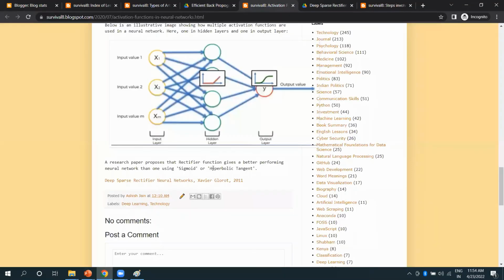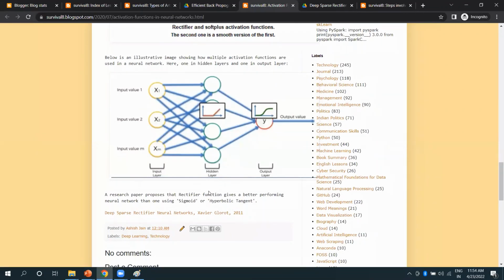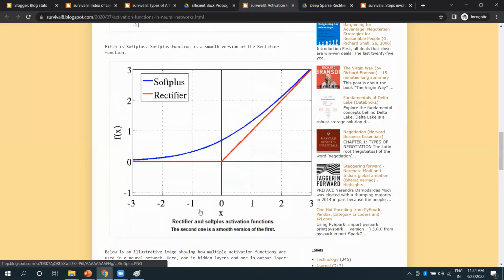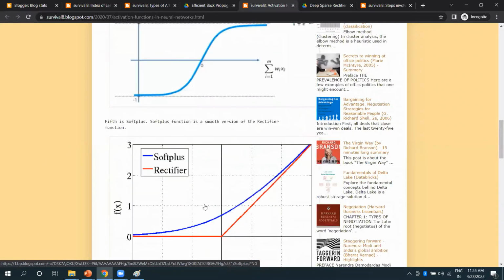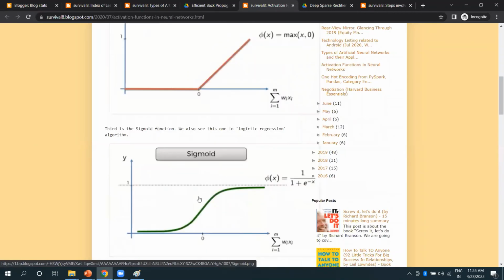I'm just giving you the gist of that paper: a rectifier function gives a better performing neural network than one using sigmoid or hyperbolic tangent. So this was about activation.